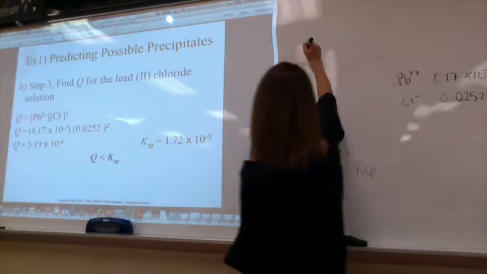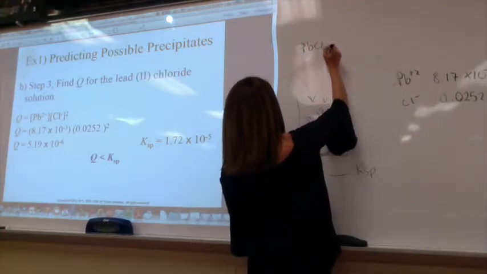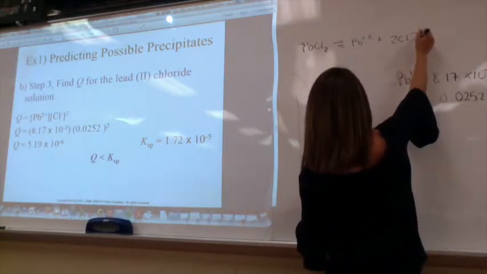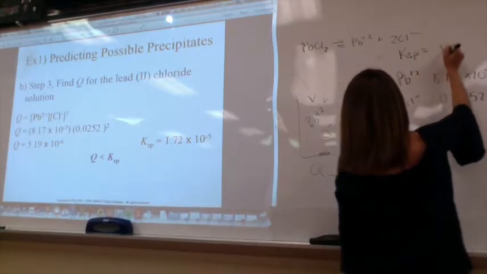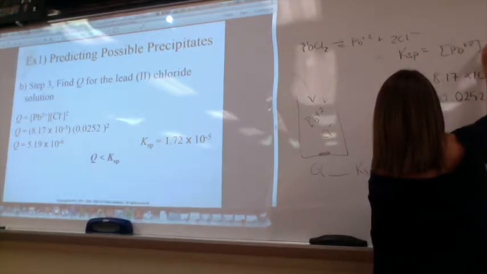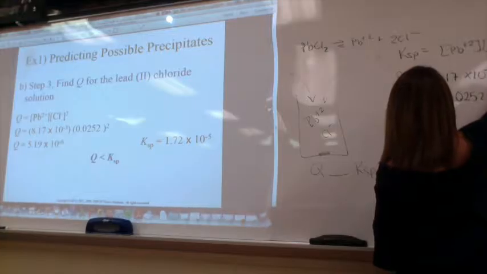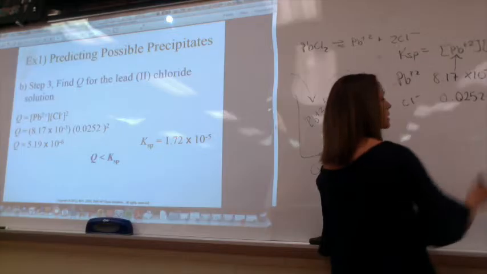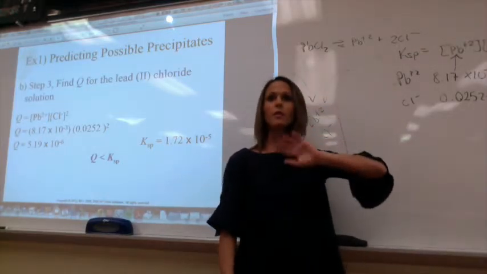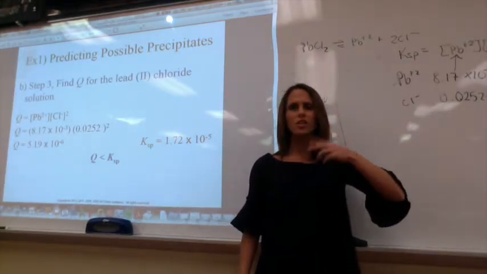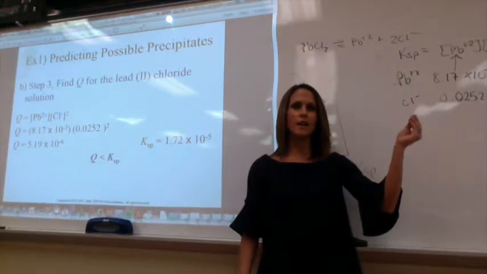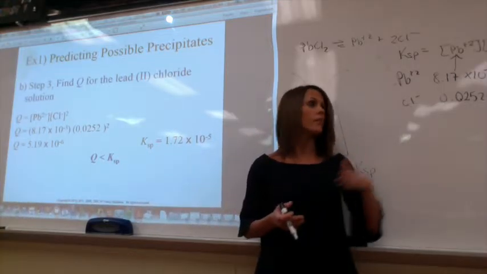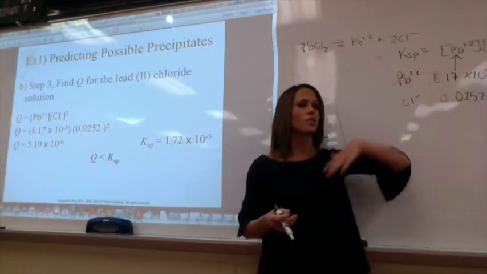Your KSP expression for the precipitate is PbCl2 goes to Pb plus 2 plus 2Cl minus. Therefore, your KSP expression is the concentration of Pb plus 2 times the concentration of Cl minus squared. I have this concentration, so I plug it in. I have this concentration, so I plug it in. They're coming from two different sources, so they're not going to match each other. It's not going to be like one is S and the other is 2S. I poured in two different sources of ions, and this is the concentration of one of them, and this is the concentration of the other.